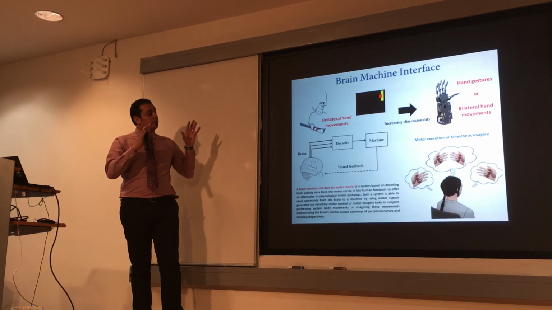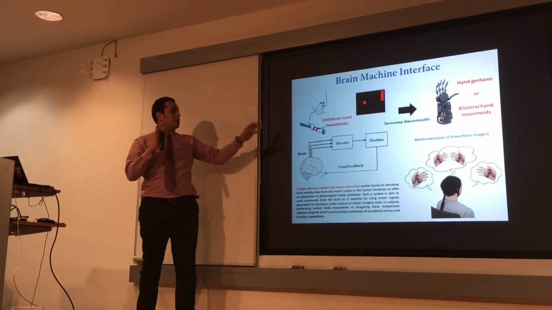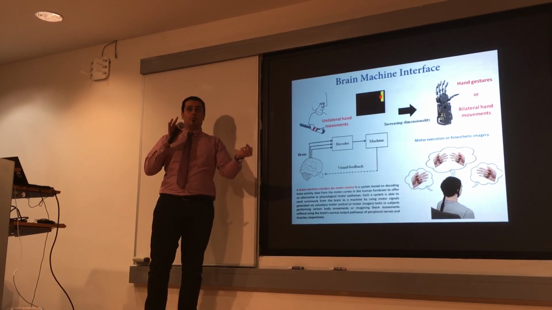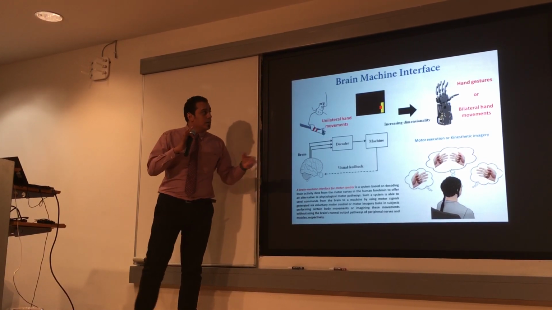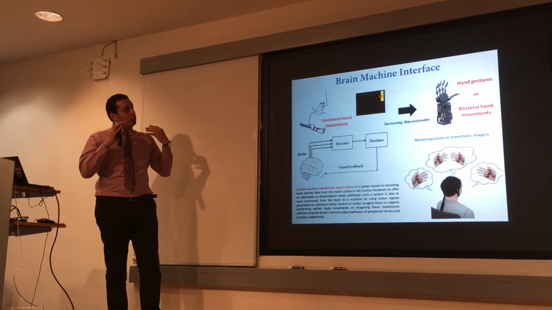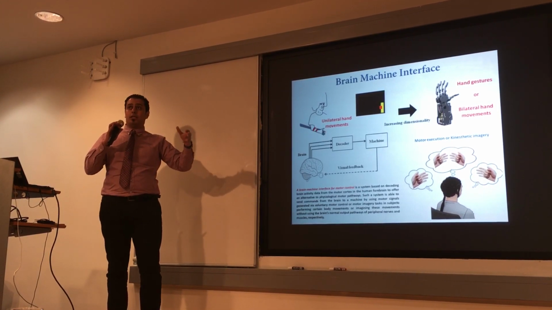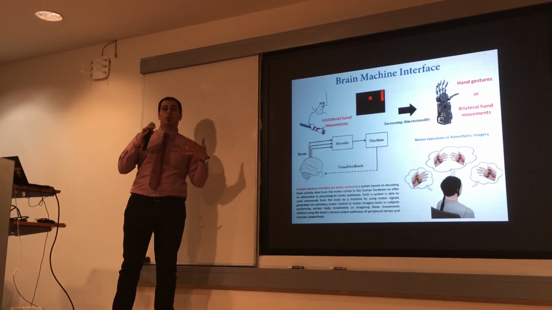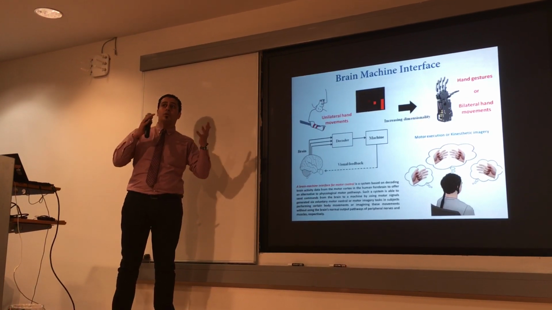All previous works have been trying to decode unilateral hand movement, for example, left hand or right hand. Our goal is to increase the dimensionality, the degrees of freedom. We want a human to be able to control many degrees of freedom.